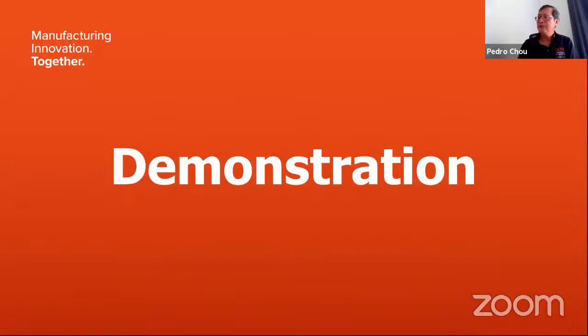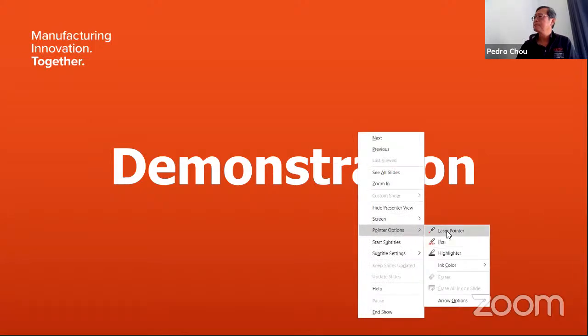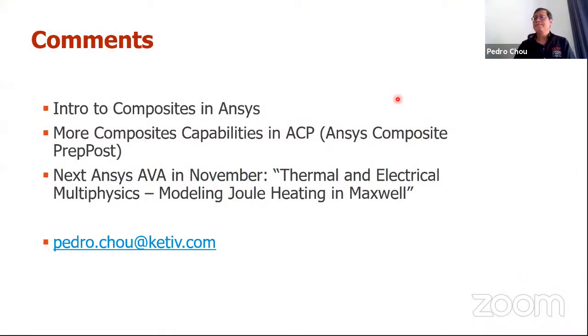Coming back to the presentation here. As I said, this is a very simple example that I showed you. A lot of times your geometry is not as simple or as straightforward as the one that I showed you. In situations like that, you might want to explore using Ansys Composite PrepPost, ACP, which allows you to do draping, apply drop-off, and a lot more.